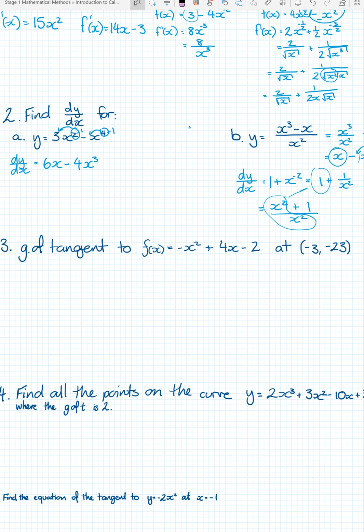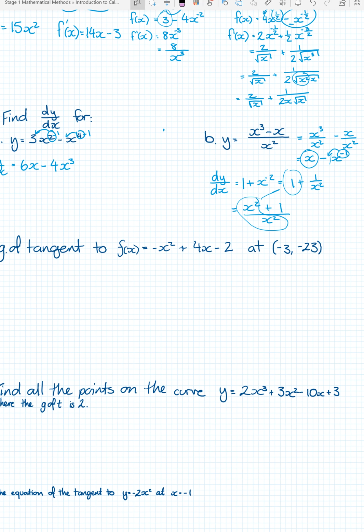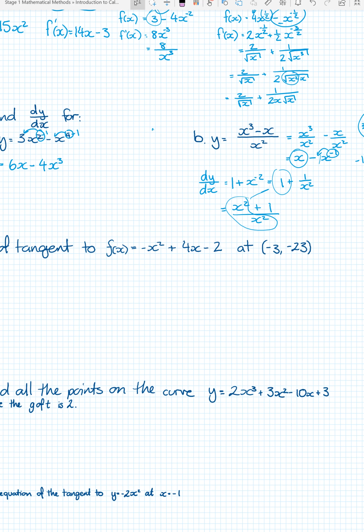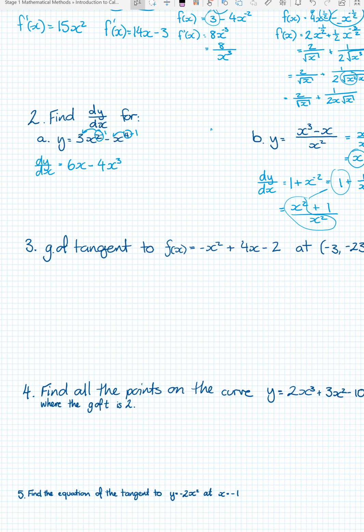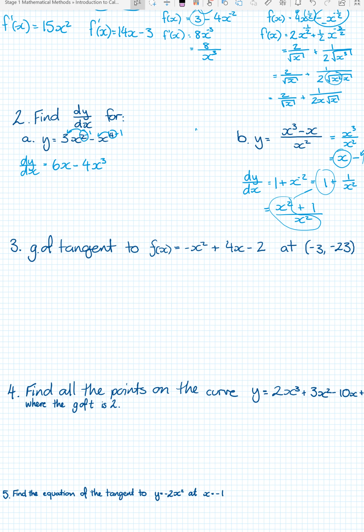Okay, our next question asks us the gradient of the tangent to the function of minus x squared plus 4x minus 2 at the point minus 3, minus 23. So the gradient of the tangent is the derivative, so we can find our derivative. f dashed x equals 2 times minus 1, minus 2x, 2 take 1 is x to the power of 1, plus, power here is 1. 1 times 4 is 4.